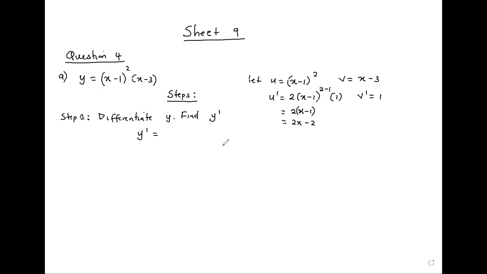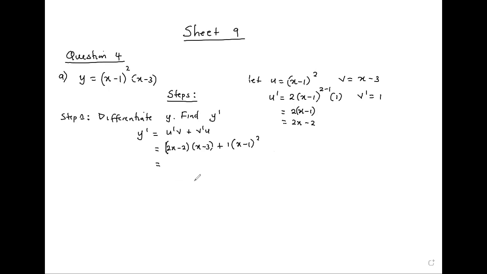Then we come here now, because you're looking for y prime, you can write it here. So y prime is going to be u prime v plus v prime u, which is equal to u prime, 2x minus 2, and v is x minus 3, plus v prime, 1, multiplied by u, (x minus 1) squared. So our job now is to expand this.